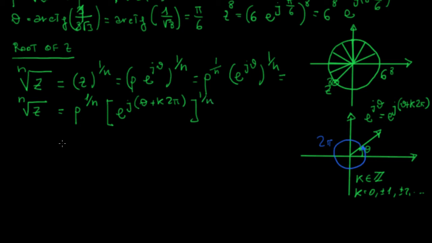And again, if we use the properties of the exponential, this is equivalent to e raised to j theta over n plus k times 2 pi over n.